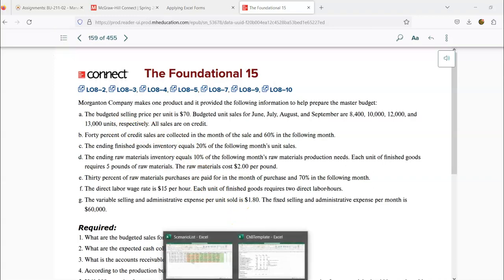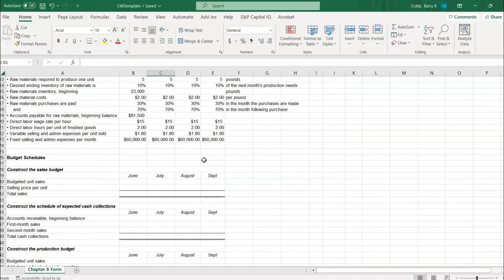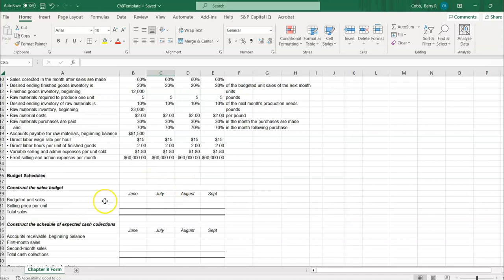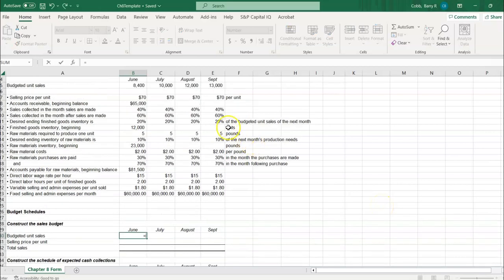So the sales budget is pretty simple. We would take the budgeted unit sales times the selling price. And we want to do everything here with cell references so that we could adjust these budgets as we go along.